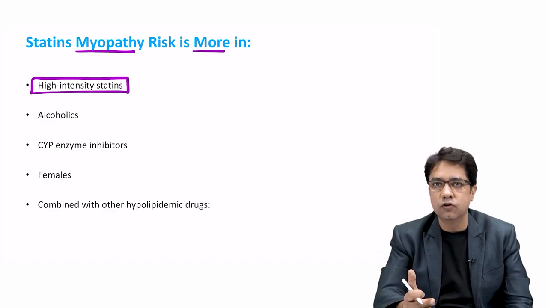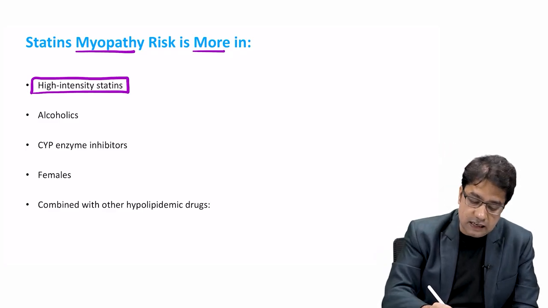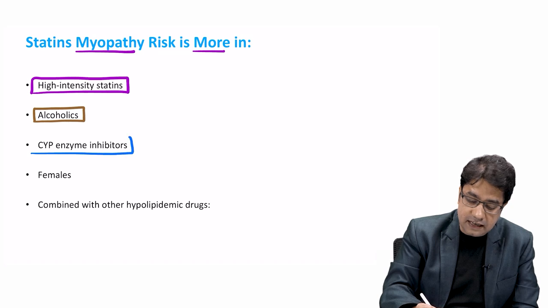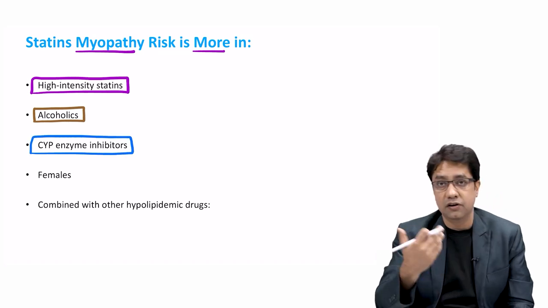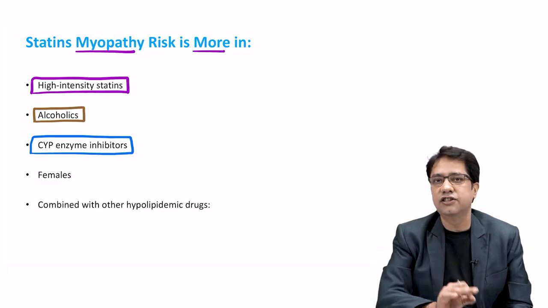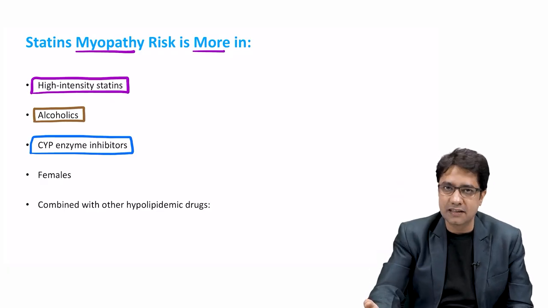When given in high dose, more risk of muscle damage. It is more seen in alcoholics. It is more commonly seen with CYP enzyme inhibitors, because CYP enzyme inhibitors inhibit the degradation of statin. Statin level increases, more risk of muscle damage.